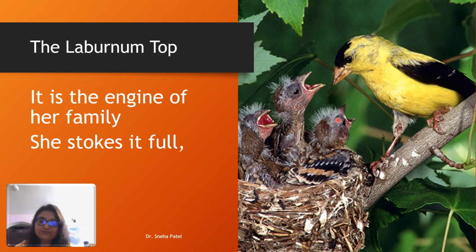So what does she do? She keeps on going and coming. And whenever she is away from her children, she finds food. When she has enough food, she returns to her nest and feeds the children. She stokes it full. It means she satisfies the hunger of her children.